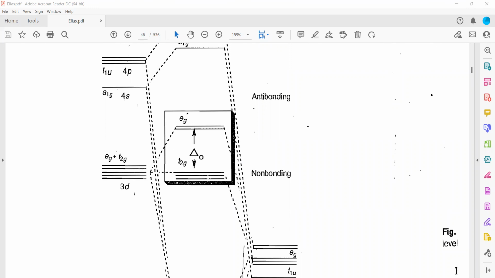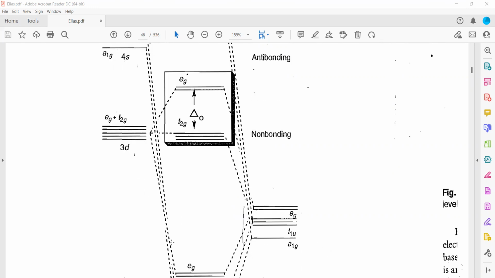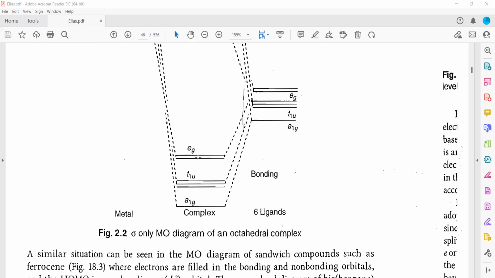No symmetry matches with the ligand orbitals, and there are anti-bonding orbitals for all these bonding orbitals. So we are talking about 6-ligand octahedral complexes. These 6 ligands can give 2 electrons each, filling these with 12 electrons.